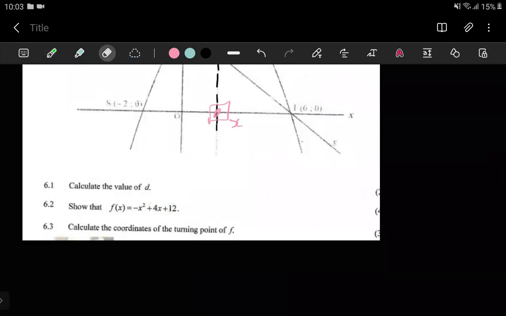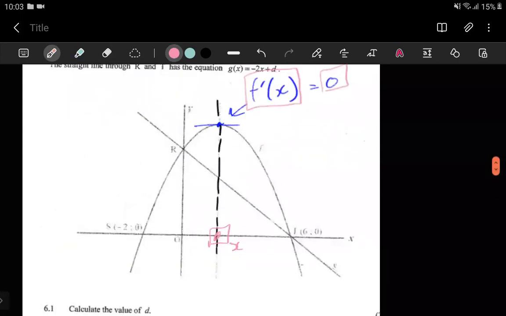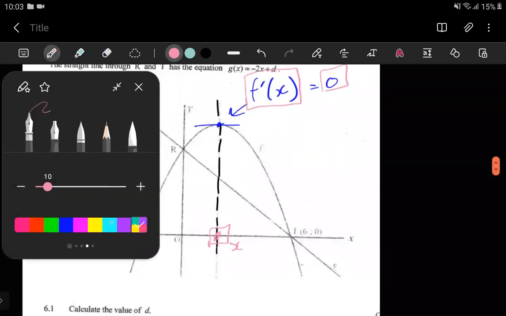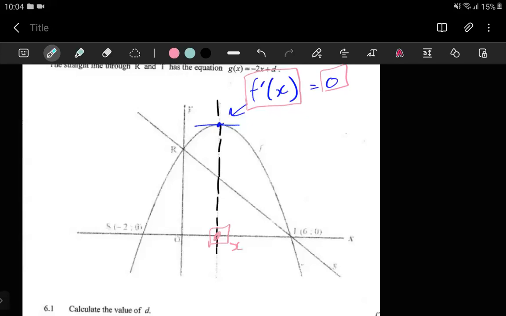So that's the idea behind the first derivative. Does that make sense? Makes absolute sense.